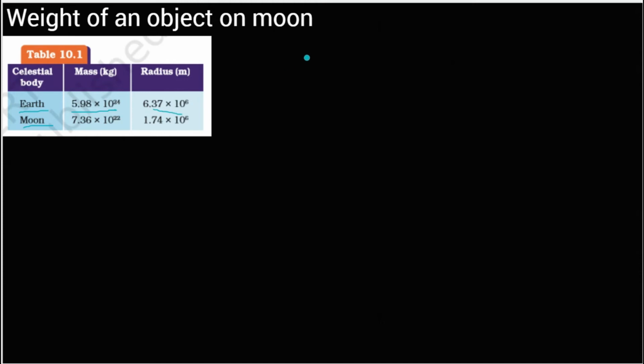Let's put g_E upon g_M, or rather g_M upon g_E, is equal to capital G M of moon upon radius square of moon, divided by capital G mass of earth upon radius of earth square.